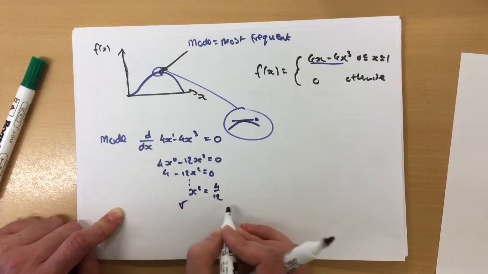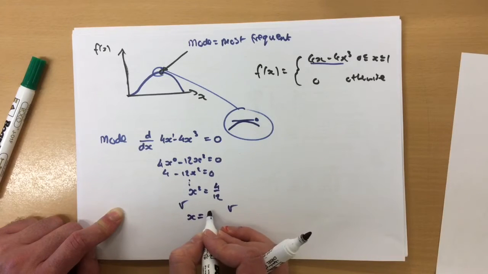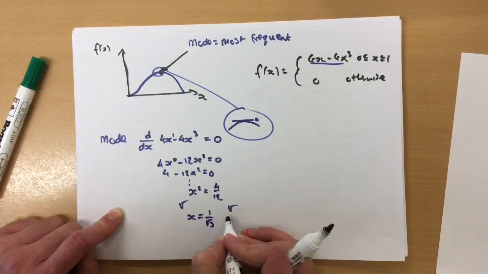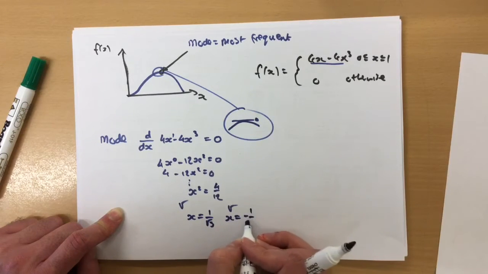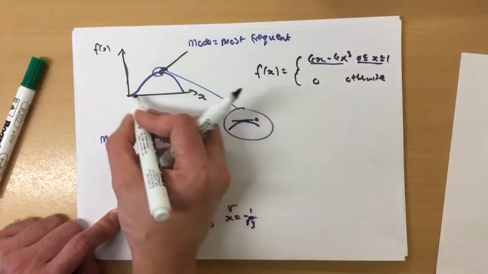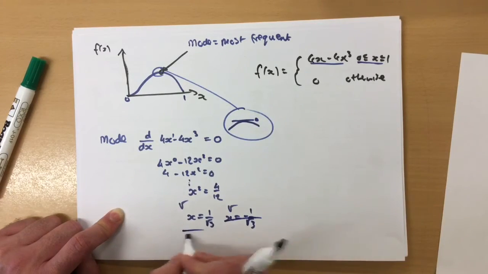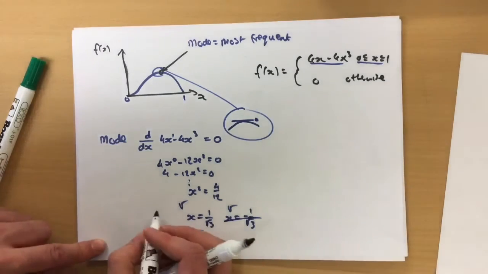Let's square root both sides. So x will be either positive 1 over root 3 or negative 1 over root 3. And given our graph goes only between 0 and 1, it can't be the negative. Therefore, our mode is 1 over root 3.